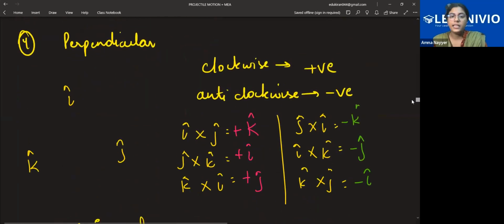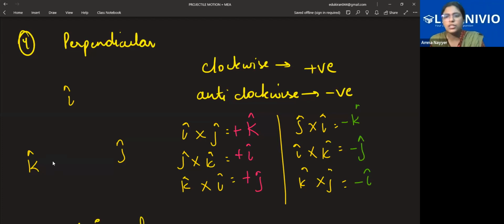Now, for the perpendicular vectors, this has a little detail which you should be able to understand. What is this detail? You have to remember which two cross products are giving the third quantity and how. So best trick, on the corner of your sheet, just write I cap, J cap, K cap before every numerical whenever you face a question from the cross product.